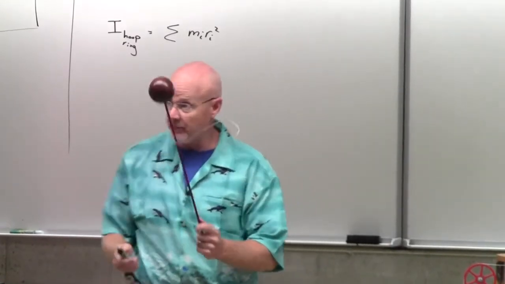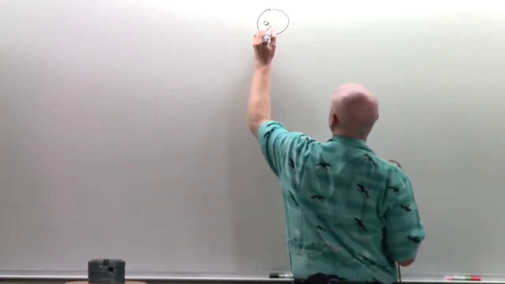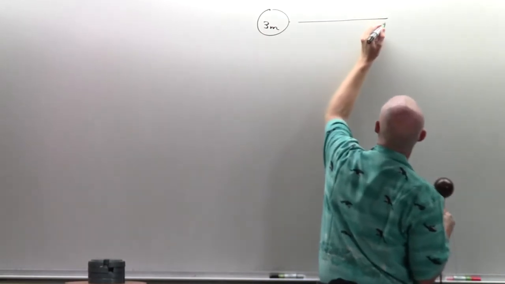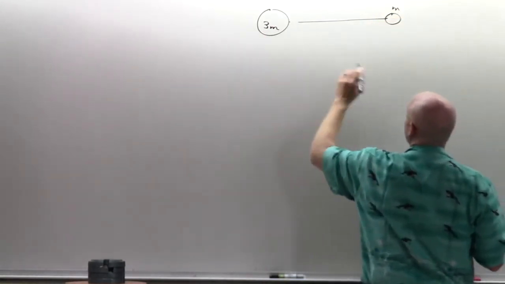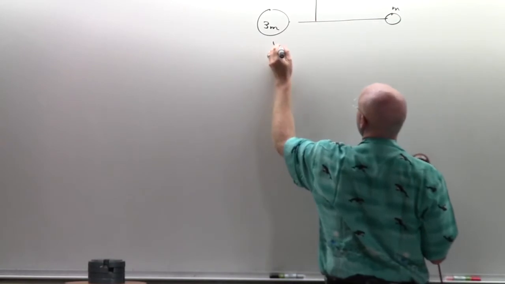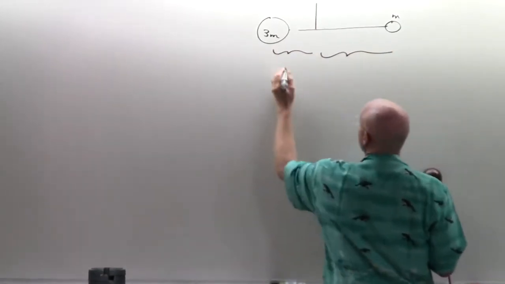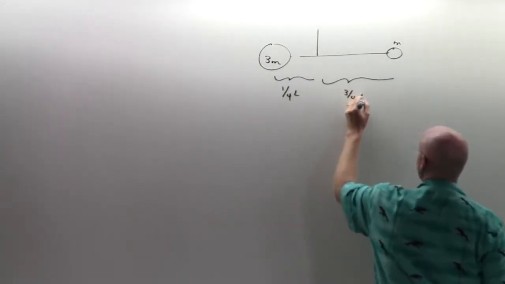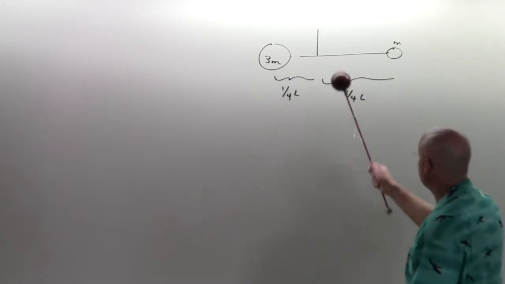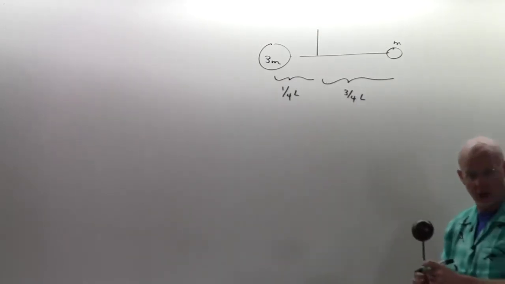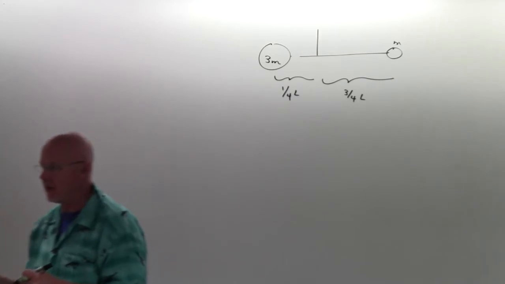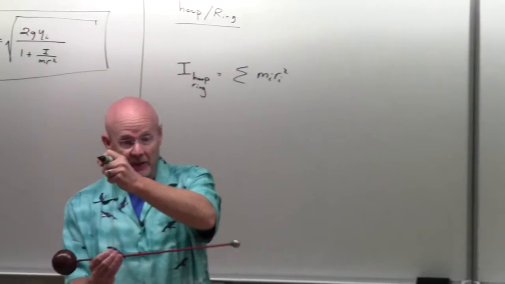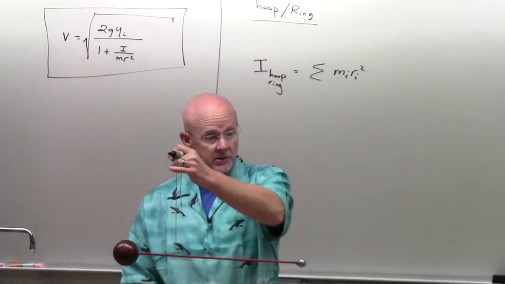And if you remember this one from last chapter, we said it had one object with 3 times the mass of the other object, and that the string was tied in such a way that this is 1/4 of the length, and this is then 3/4 of the length. In fact, we calculated that was the center of mass, and so we tied the string here at the center of mass.